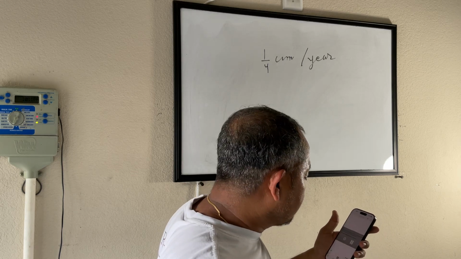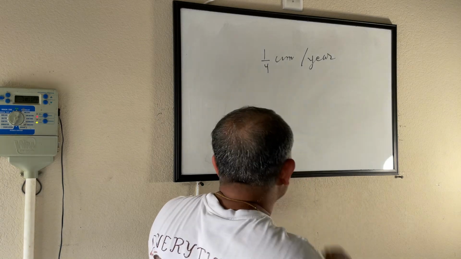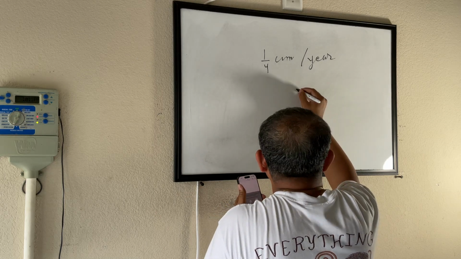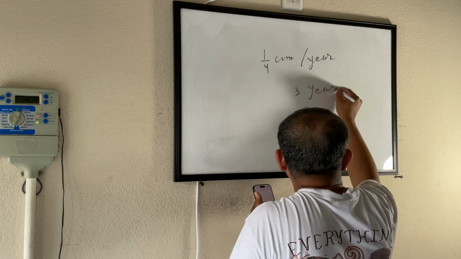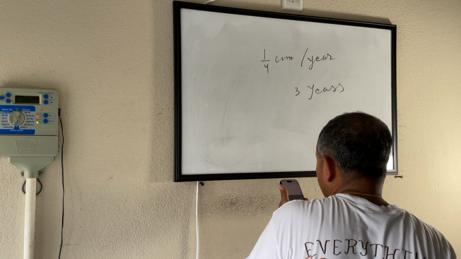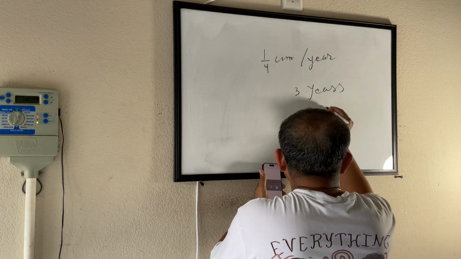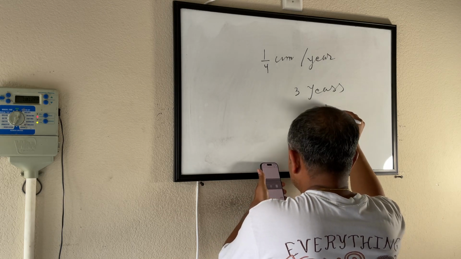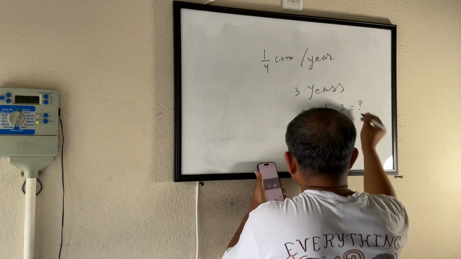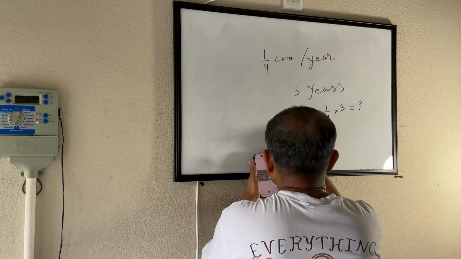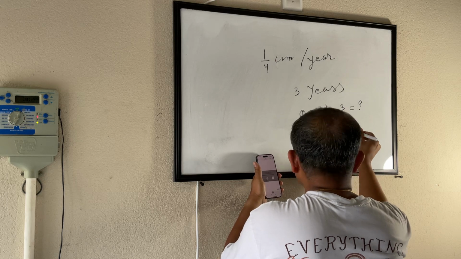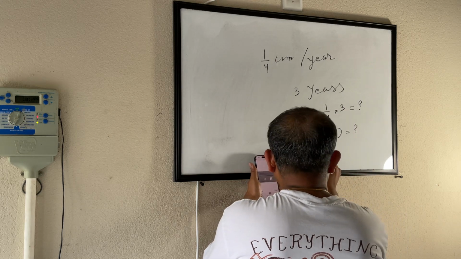She wants to predict the total change in her height over 3 years. Which of the following matches the situation above? Second says 1/4 into -3 equal to what? Third option says none of the above.